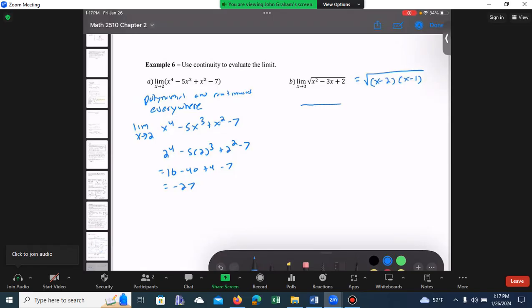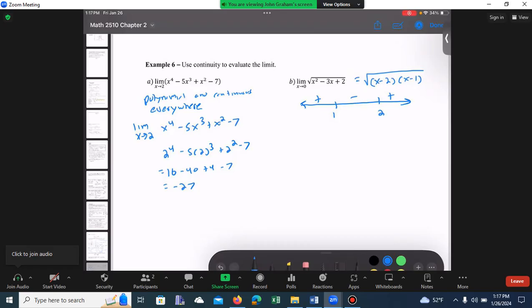And we can look, on this graph, we'll have points 1 and 2 where this is going to be 0, and positive less than 1 and greater than 2. And you can just plug in a value. Plug in 0.5, you see that you have a negative and a negative, which gives you a positive. Plug in 1.5, you have a negative and a positive, which gives you a negative. Plug in 3, you have two positives, gives you a positive.